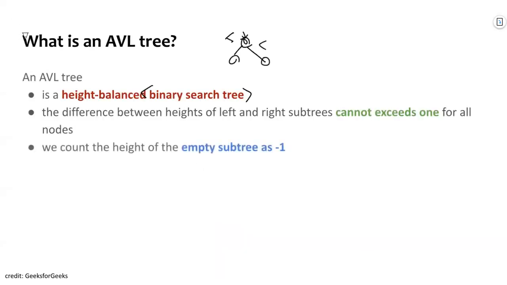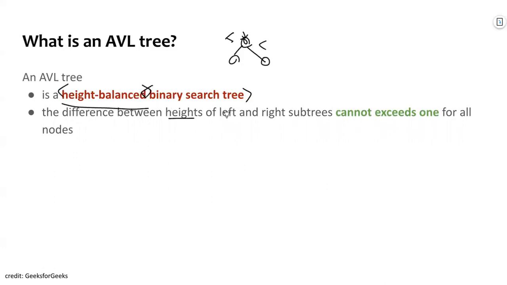by balancing the height. And what does it mean by height balanced? Height balanced means the difference between heights of left and right subtrees cannot exceed 1 for all nodes. This is the definition of height balanced. And we count the height of the empty subtree as -1.